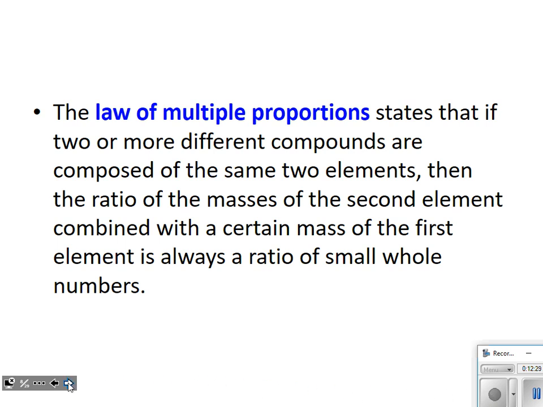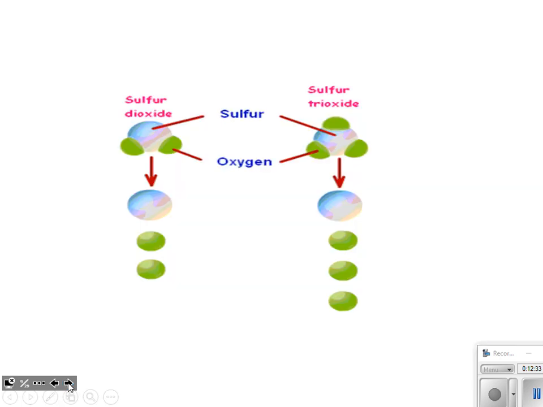So, what is that getting at? Well, let's look at these two compounds. The one on the left is sulfur dioxide. The one on the right is sulfur trioxide. They are composed of the same two elements, sulfur and oxygen.